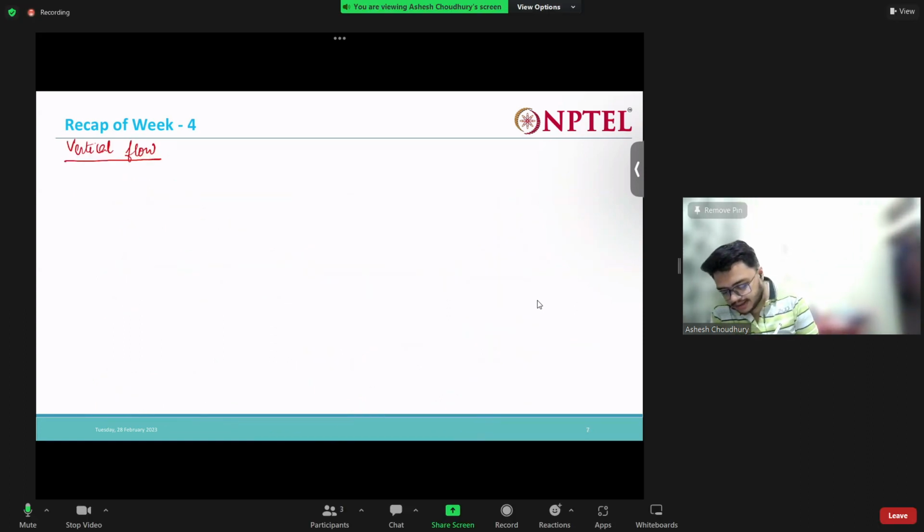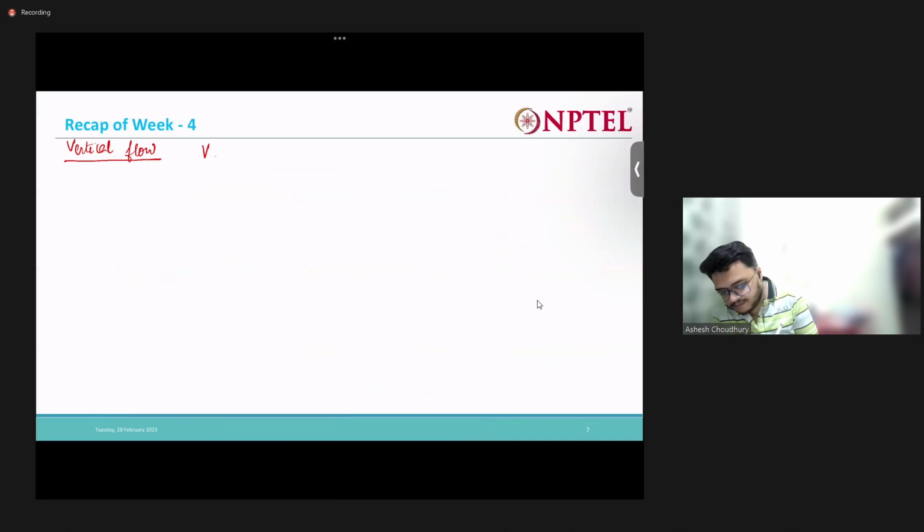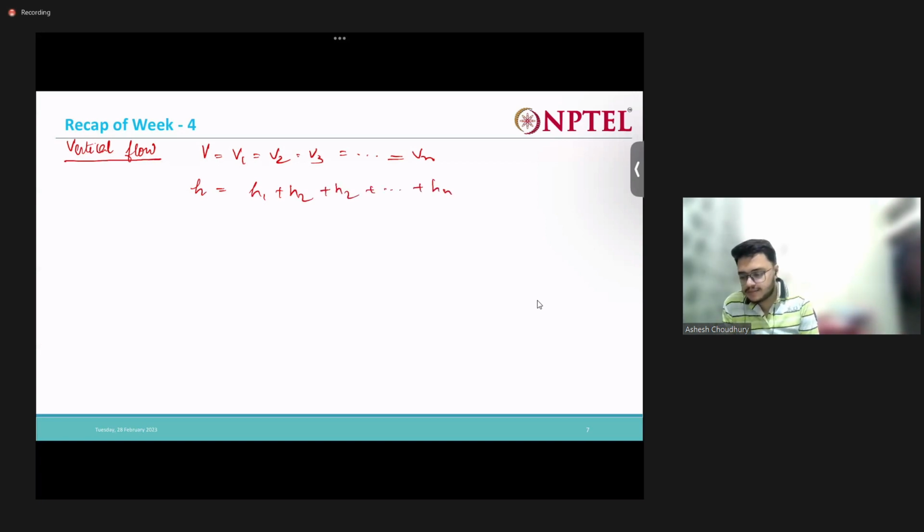So for vertical flow, v is equal to v1 equal to v2 equal to v3 equal to dot dot dot equal to vn. And my total head loss is equal to head loss in layer 1 plus layer 2 plus layer 3 plus head loss in layer n, right?